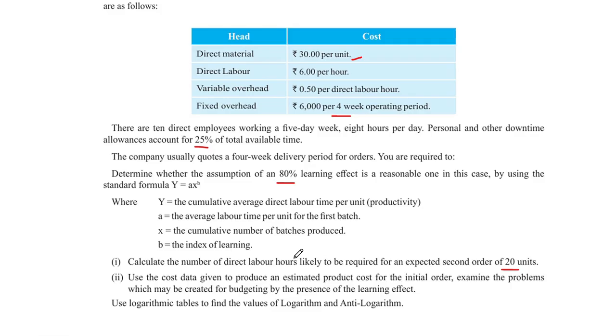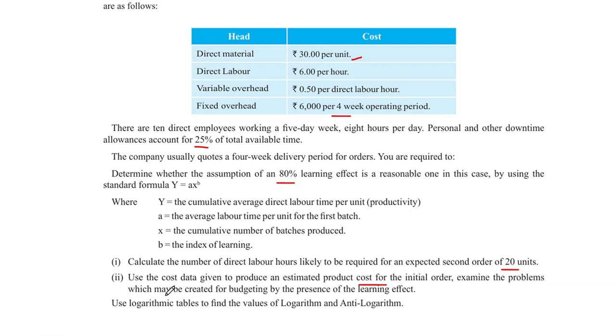Now coming to the second part of the question. Use the cost data given to produce an estimate product cost for the initial order. So we need to find the estimate cost for the initial order. Initial order means 30 units, which is the first order.